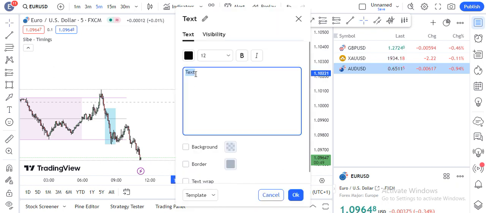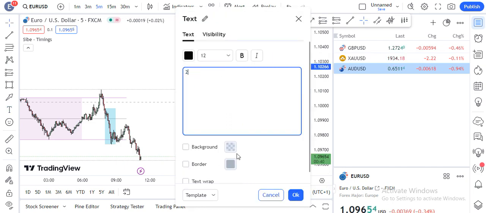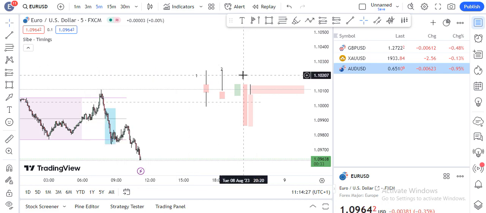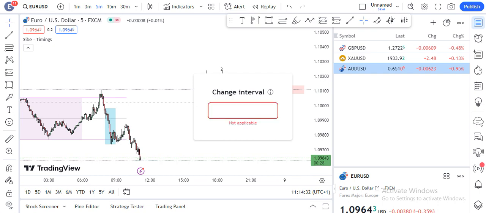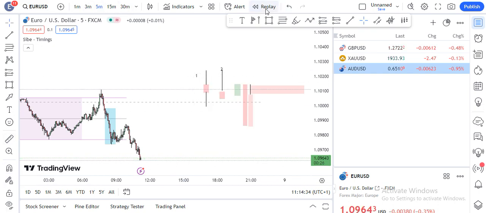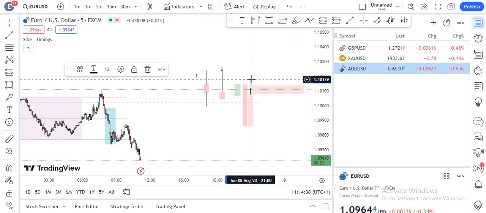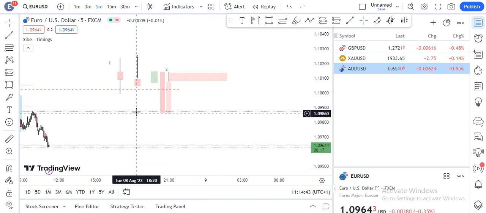This is 1, 2, 3. And then the fourth one is going to be the ICT fair value gap.